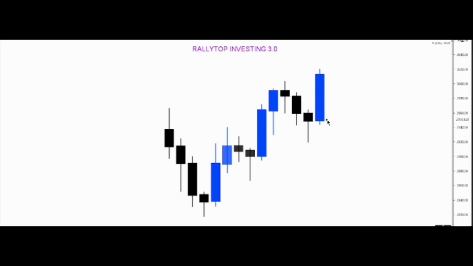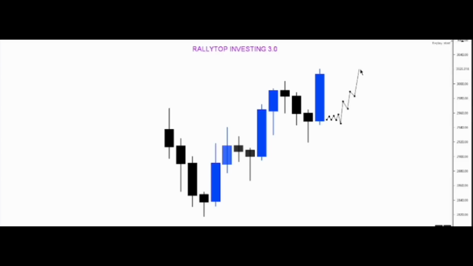Price will open around this zone, and sometimes you find it do something like this before coming down to print this low here. After printing that low, price will now start going higher until it gets to this high.